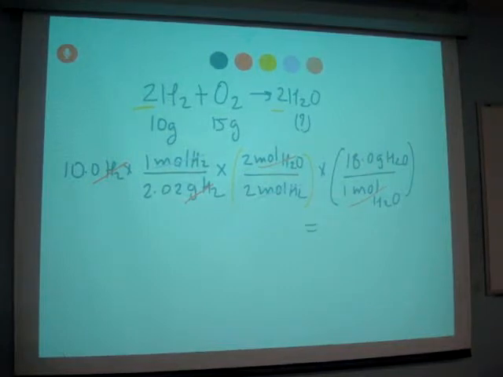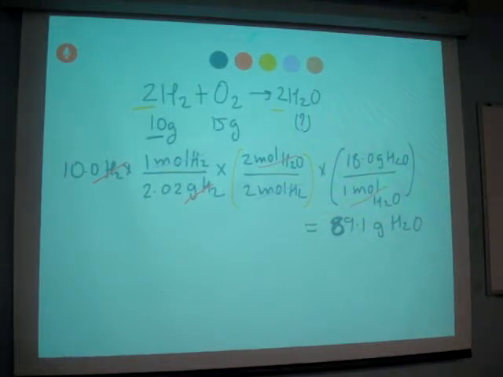So you get 89.1 grams of H2O. So from 10 grams of H2, we got 89.1 grams of H2O produced.